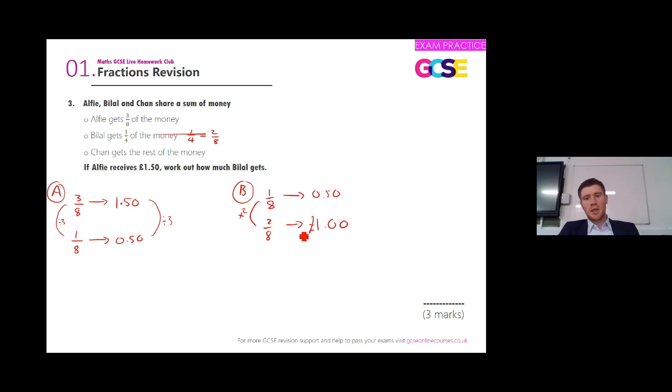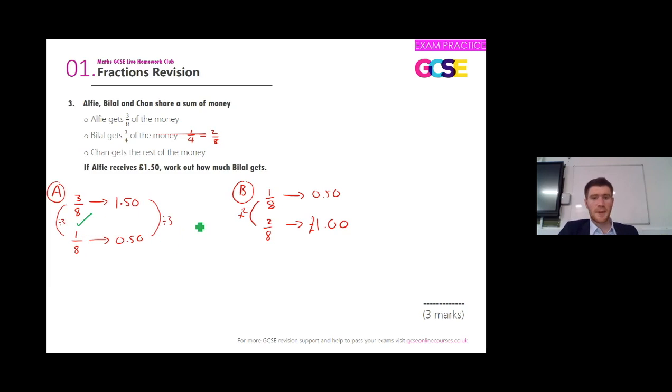Okay, and in the interest of time, I'm going to leave it with just that one way. You could, quite quickly, find the total of 8/8 and then find 1/4 of it. That would also get you Bilal's money. So 1 mark for demonstrating that, 1/8.